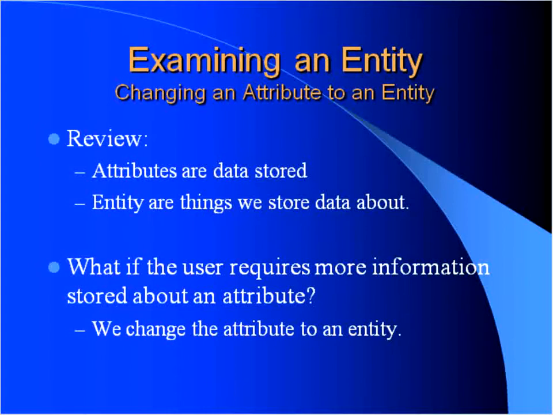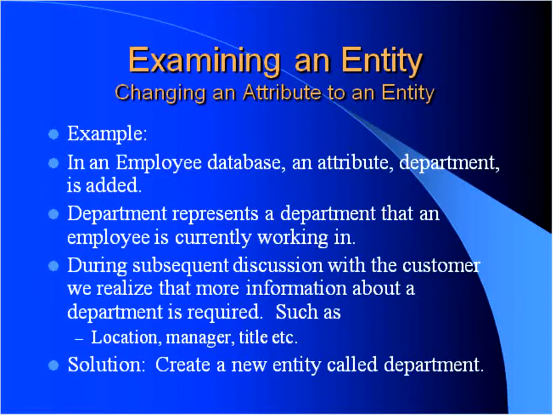Entities are things we store data about. So, what if the user requires more information stored about an attribute? Well, we change the attribute to an entity so that we can store more information about the attribute.